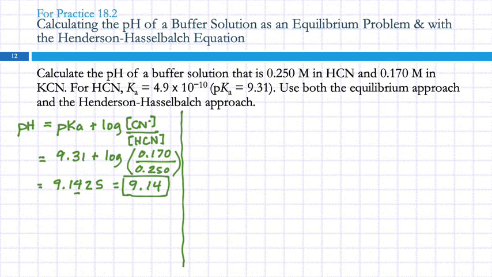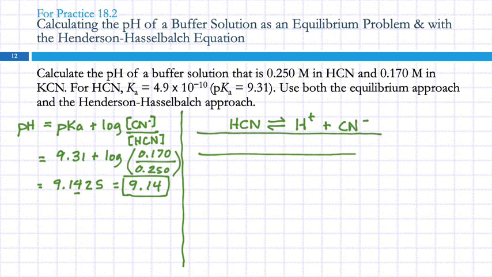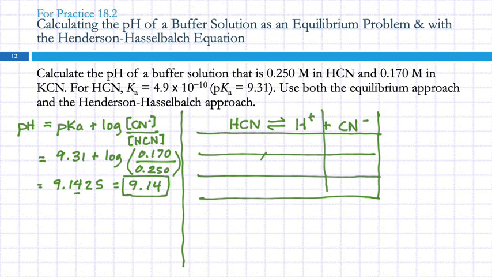Let's use the equilibrium approach. So we've got HCN in equilibrium with H plus and CN minus, making our ice table. ICE.